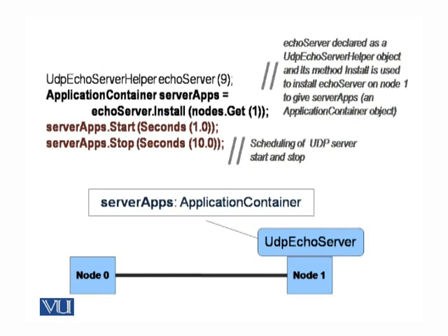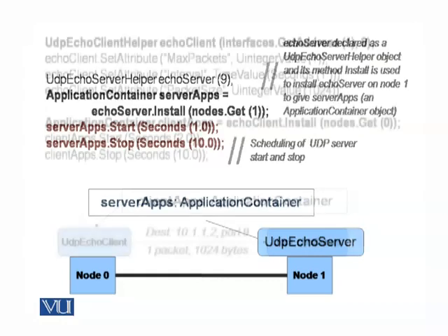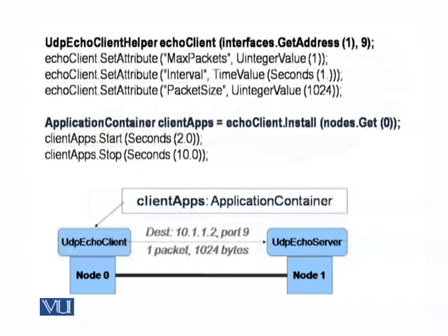Also, we are scheduling this server to start at 1 second and to finish at 10 seconds. For the client, if you observe, you need to set more attributes. And we are defining those attributes here, and we are also scheduling the start and stop of this client.